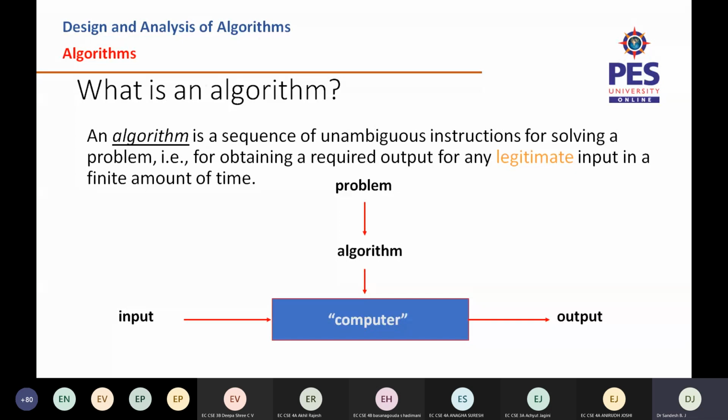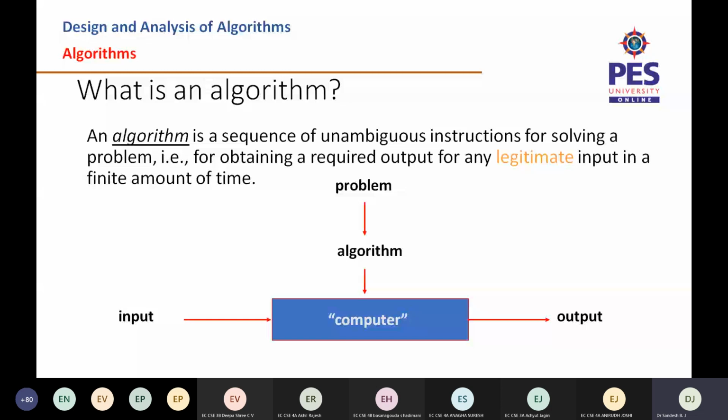The reference to instruction in the definition here implies that there is something or someone capable of understanding and following the instructions given. The one who does that, we call it a computer.